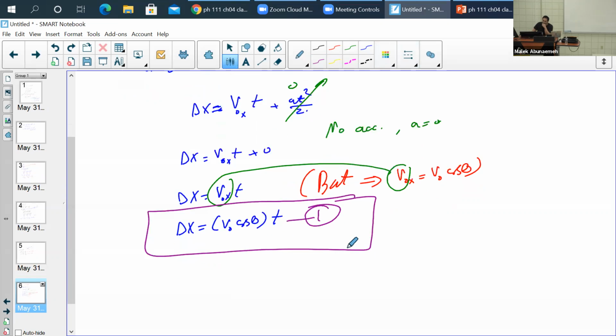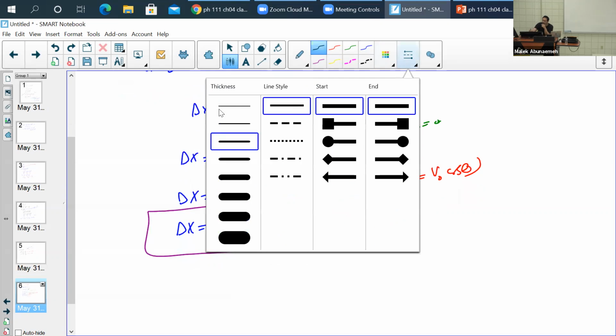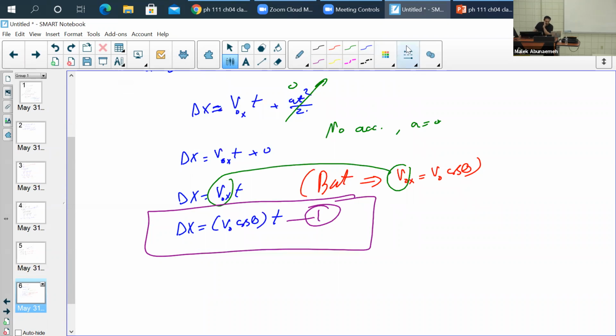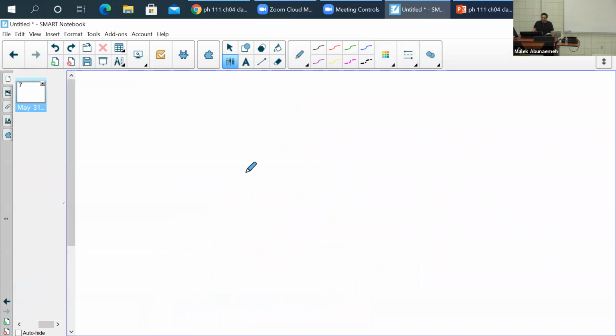All right, now that's for horizontal. Now let's look at the vertical motion.